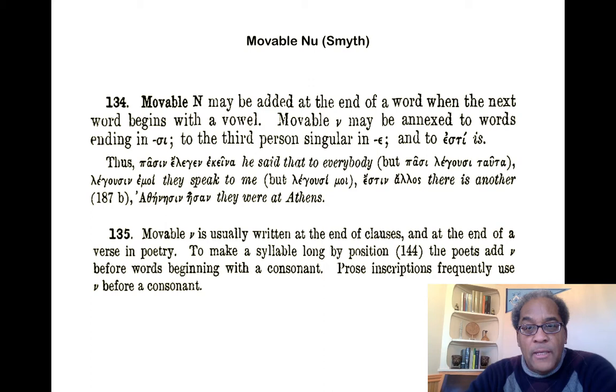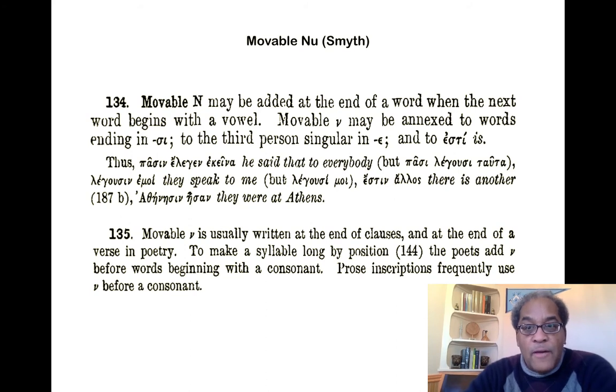So you have, he said that to everybody, pasin elegen tauta, but pasi legousi tauta. The same thing, but in the first case you have the past tense, in the second case the present tense: legousi, they are saying these things to everyone. You don't have the collision of the vowels between the first two words.